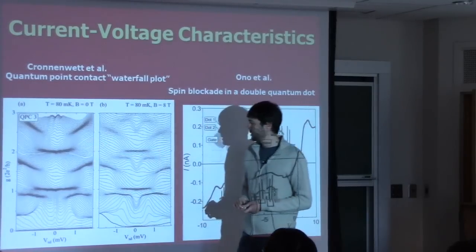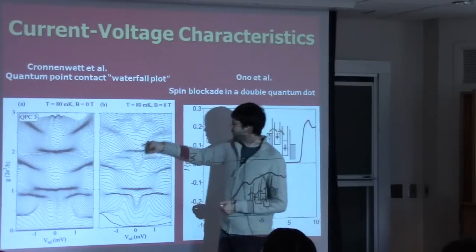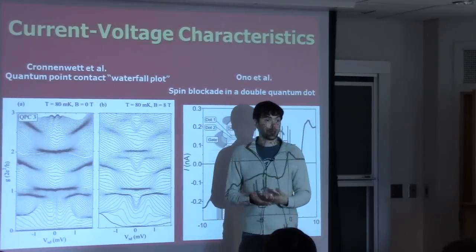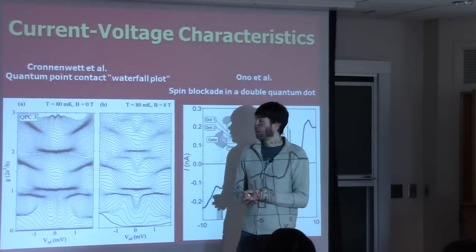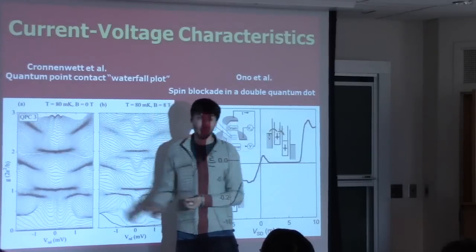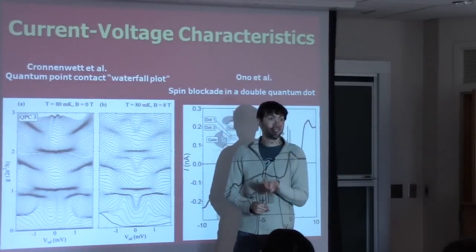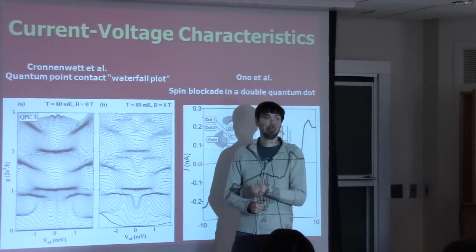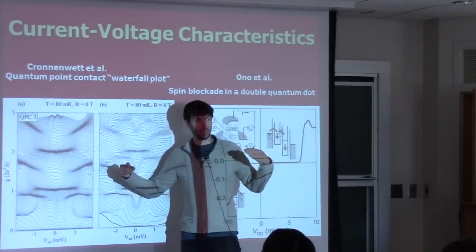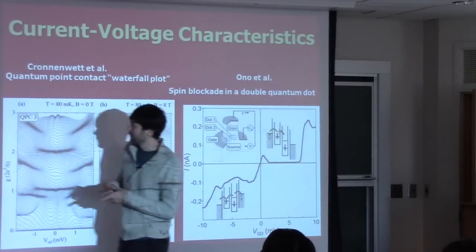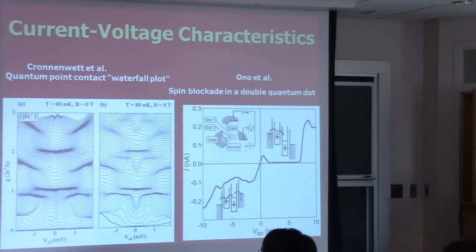Each line is a current voltage characteristic, an IV curve, except what is plotted on this axis is a derivative, conductance. So it's dI/dV. This is still a voltage bias across the quantum point contact, just like this voltage bias here.